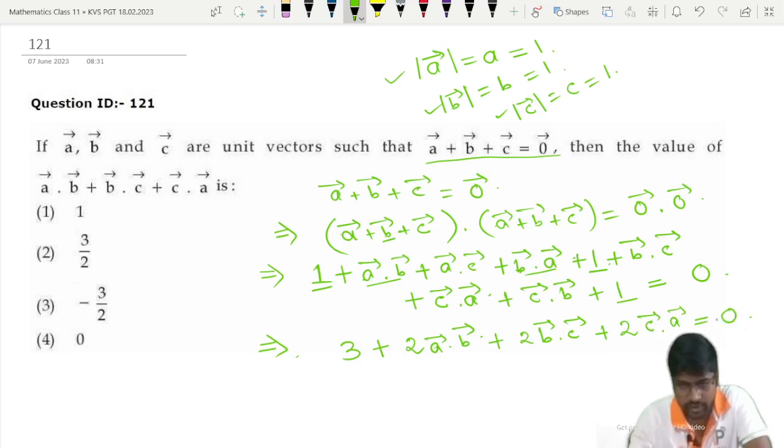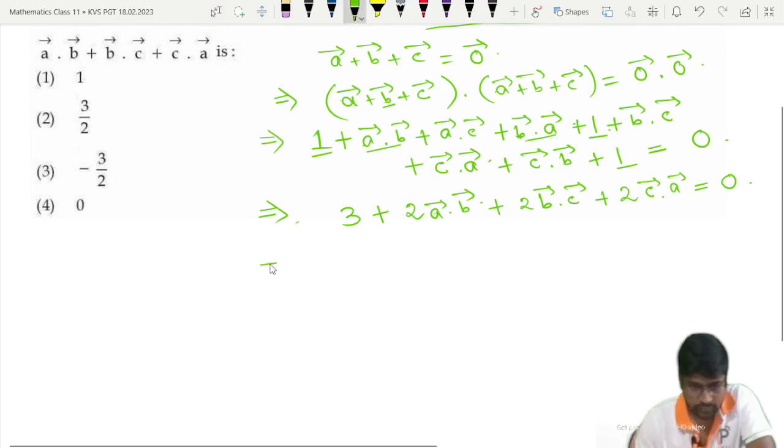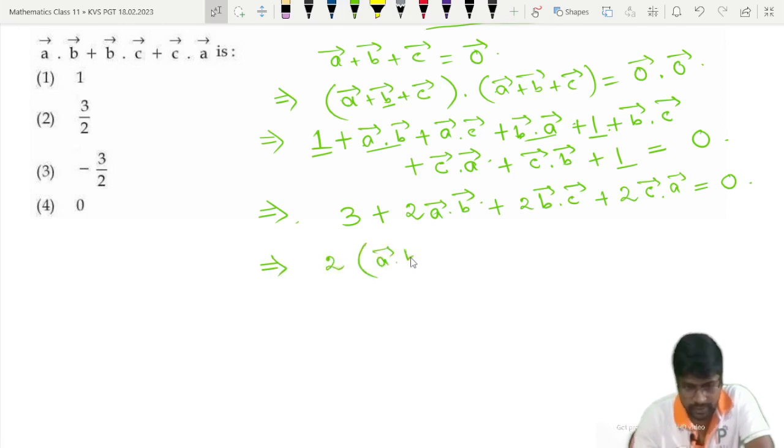That will be equal to 0. Up to this I think it is clear to everyone. Then I will write it this way: 2 into a dot b plus b dot c plus c dot a is equal to minus 3, that we can write.